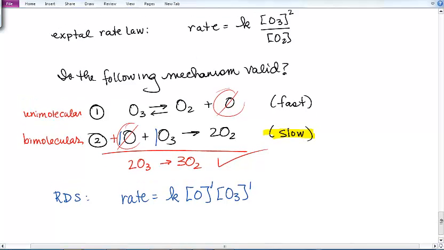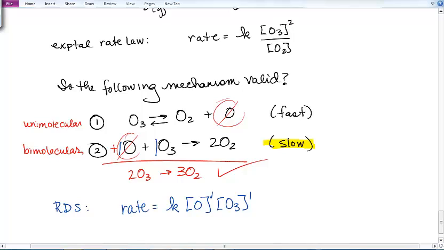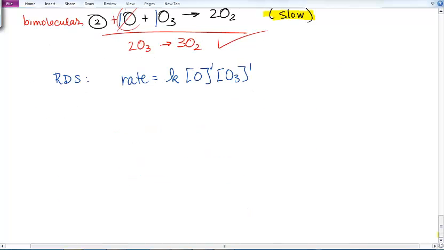And so if I look back at that original rate law, we go, ooh, that doesn't look like it matches. Except that we have a problem in this one. Here's the problem. You cannot leave intermediates in the rate law.